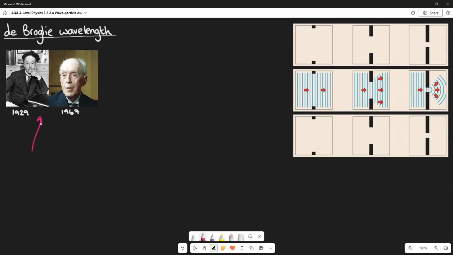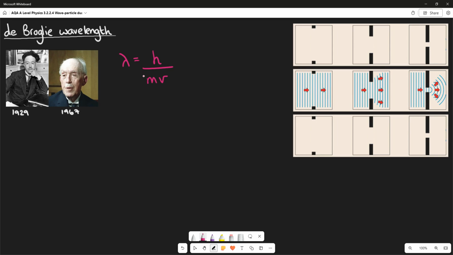These are some photographs of the famous physicist Louis de Broglie. He developed an equation that helped us to understand the behaviour of particles and when they exhibit wave-like behaviour. He helped us to understand that all particles with mass and a velocity have their own wavelength.